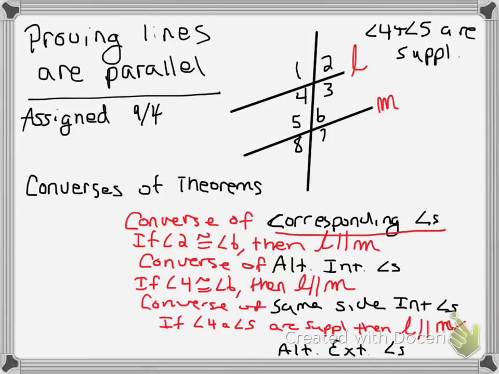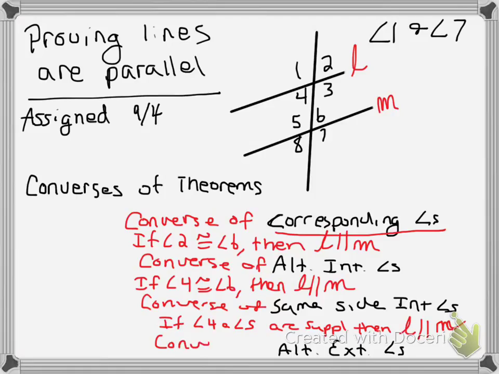And finally, the last one, alternate exterior angles. A pair of alternate exterior angles would be 1 and 7. You look at those and you know that they're congruent, so it's the same as the other ones with the converses.